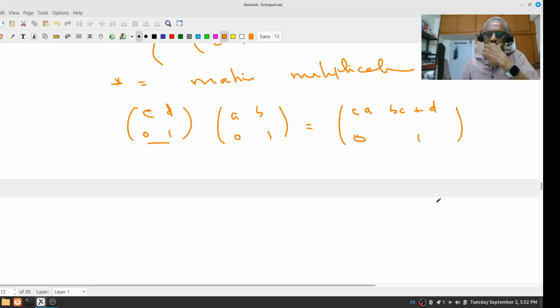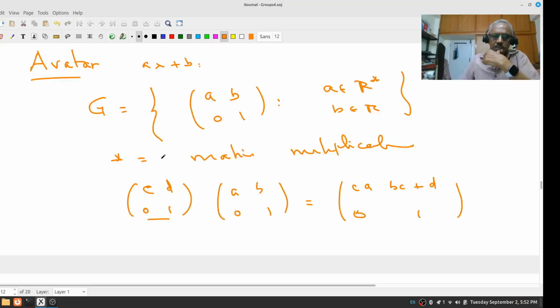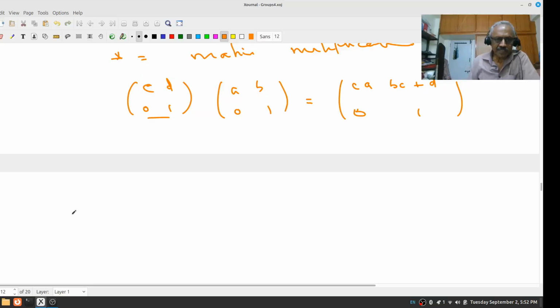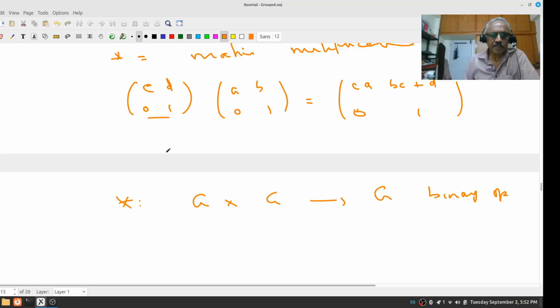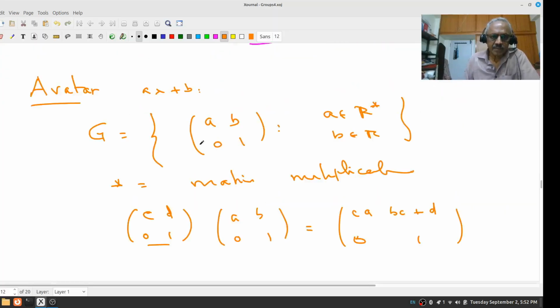You see that? So this is okay. Therefore, matrix multiplication star is a binary operation. Take any two elements here and take their matrix product, it is again an element. Remember, A is non-zero, C is non-zero, therefore the product is non-zero.